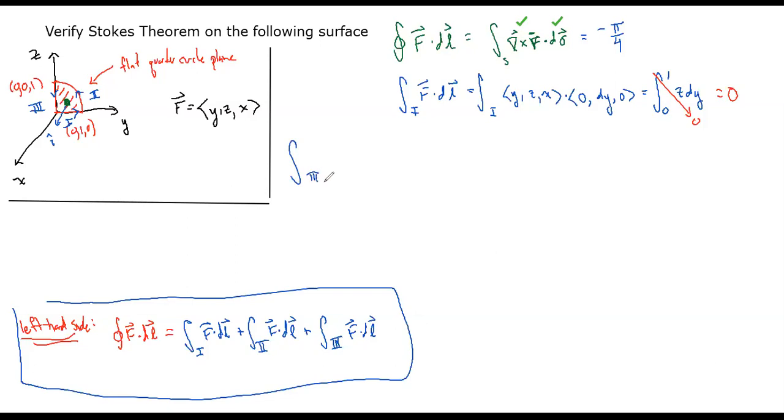So for 3, we're going to get something similar. I'll give you guys a minute, see if you can get it without any prompting. And then we'll do 2 together because that has an interesting parameterization, like how would I express this along the unit circle?